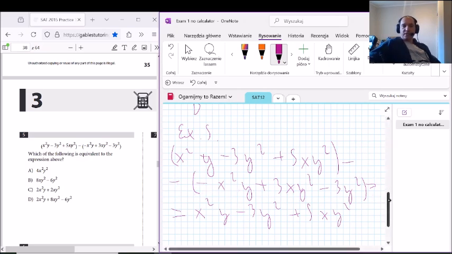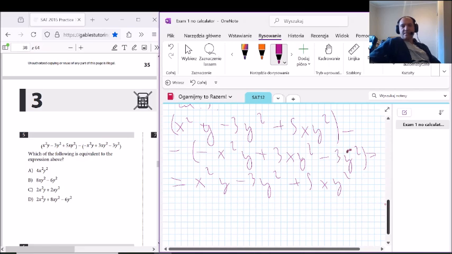So we have to change all the signs inside this bracket into the opposite ones. Minus x squared y becomes plus x squared y. Plus 3xy squared becomes minus 3xy squared. And minus 3y squared becomes plus 3y squared.